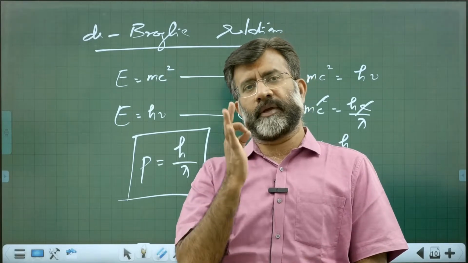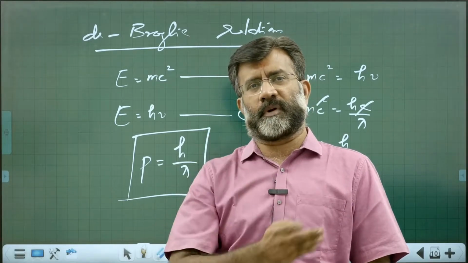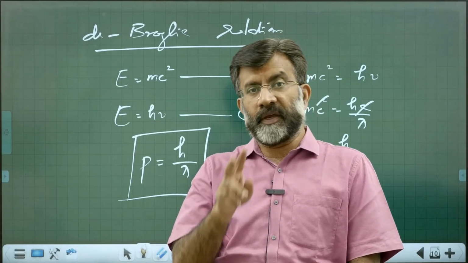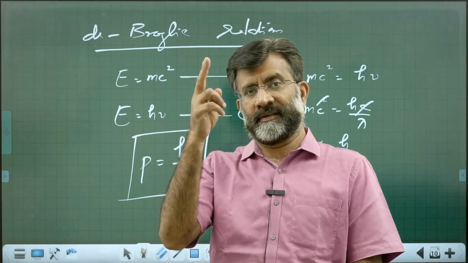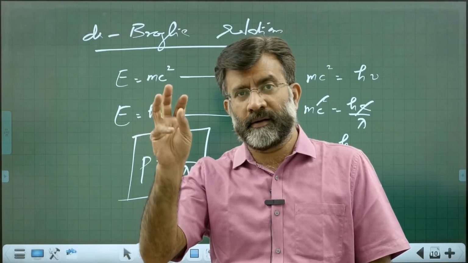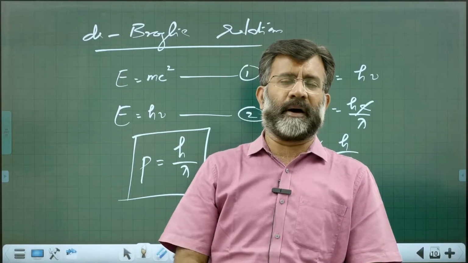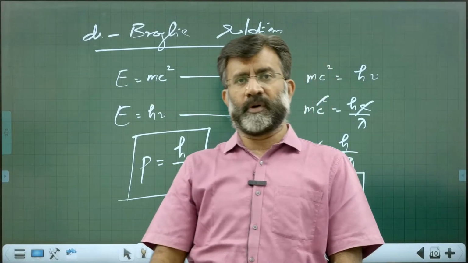So for microscopic objects like electron, proton, atom, subatomic particles, etc., the wave character is significant. For a moving cricket ball, particle character is significant. This is wave particle duality, the de Broglie relation.